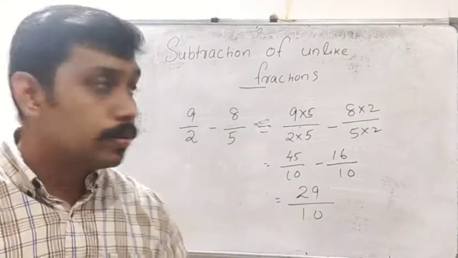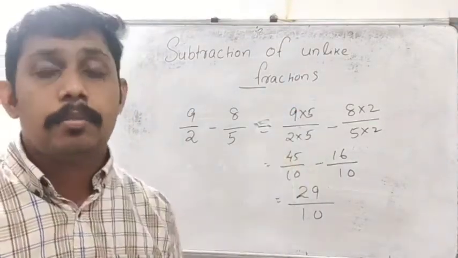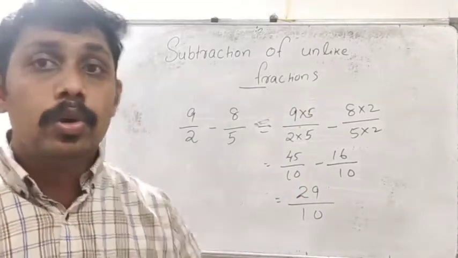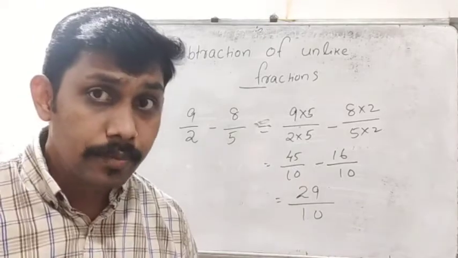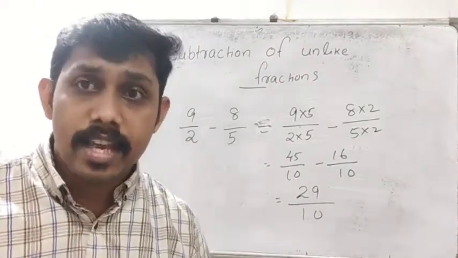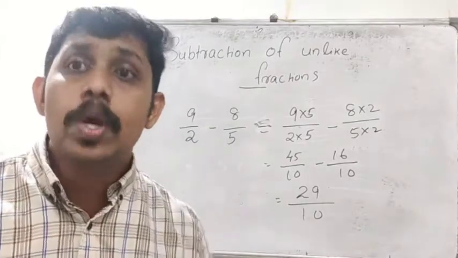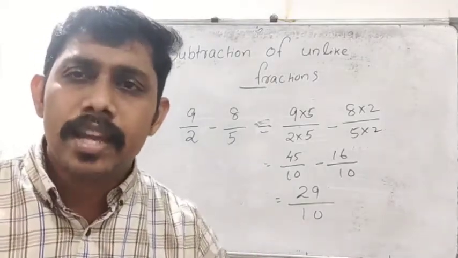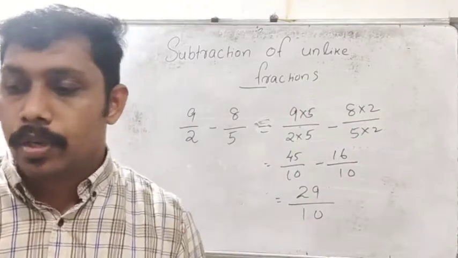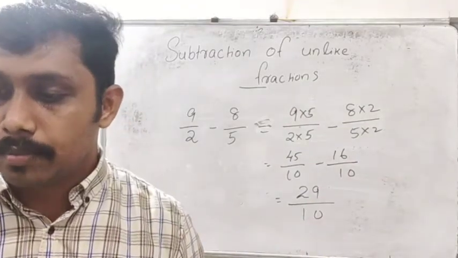There are some more examples that we will discuss in our Zoom class. So how to subtract unlike fractions? Simply find the LCM and make those fractions into equal fractions, subtract the numerators and write the common denominator as the same.